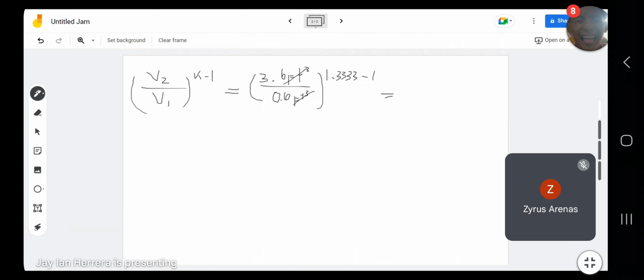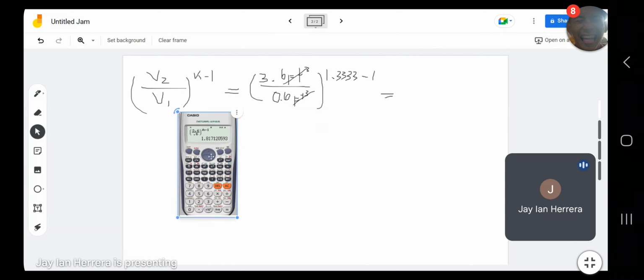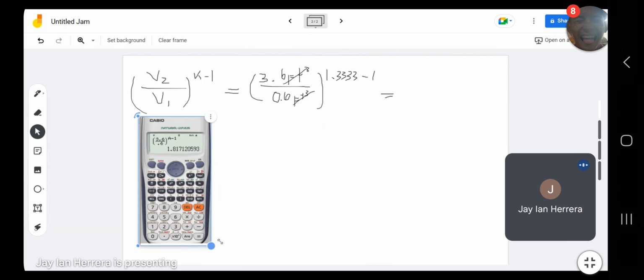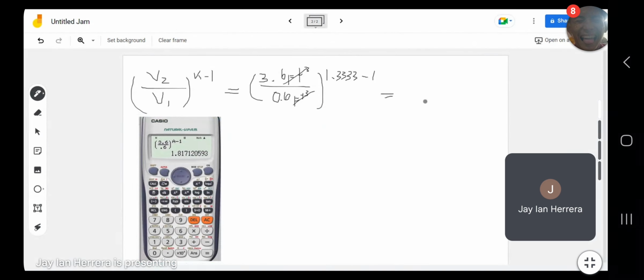Okay, sige. So sa mga hindi nagka-calculator, ganito yung itsura nung pwede i-input. So that is 1 point. Okay, ulit nga. Yung na-solve nyo kung tama. 8170, sir. Okay. 1.8171.